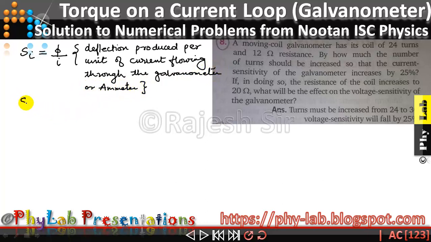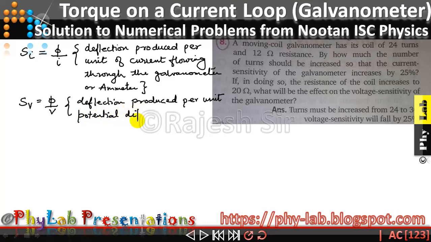Similarly, voltage sensitivity is defined as the deflection produced per unit potential difference applied across the galvanometer, or more appropriately you can say it as or voltmeter.